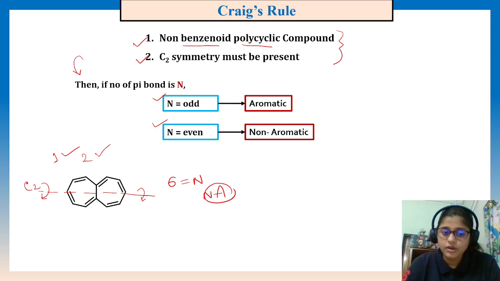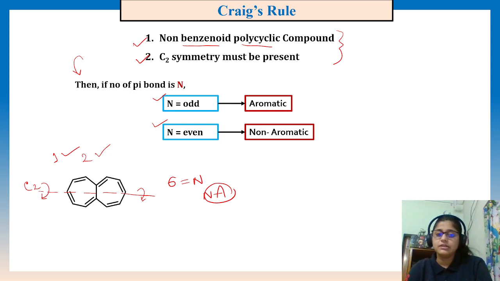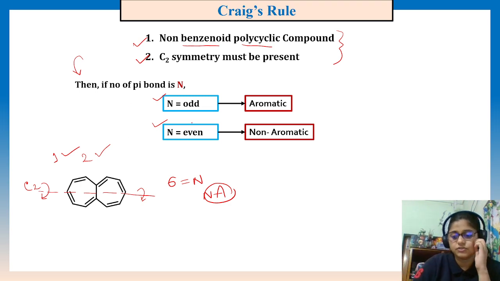You have to consider Craig's rule. Please keep it in your mind. When various options are given, it will be very helpful. That's why I am teaching this to you.